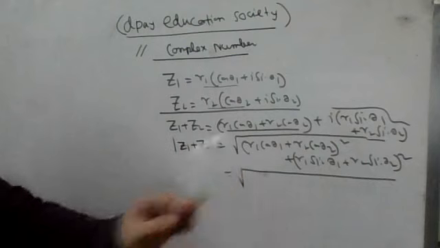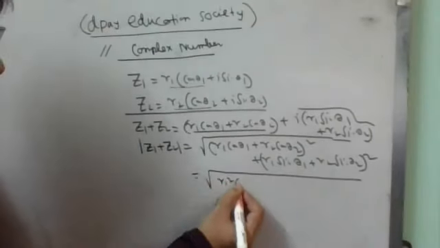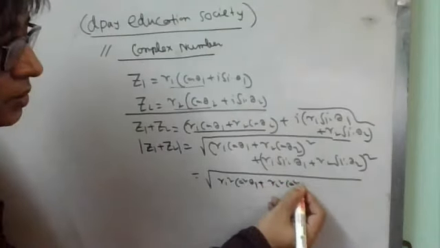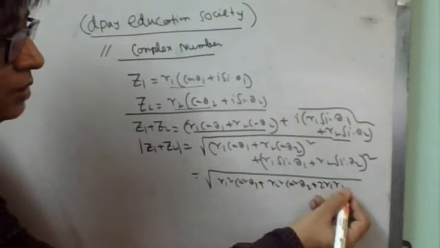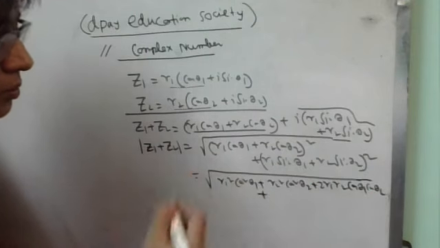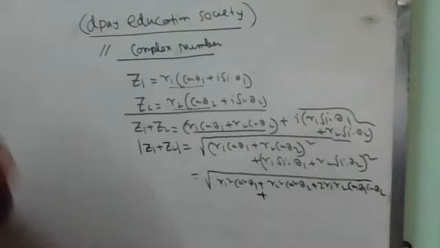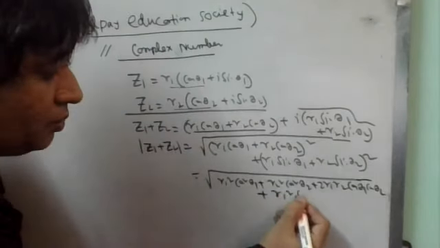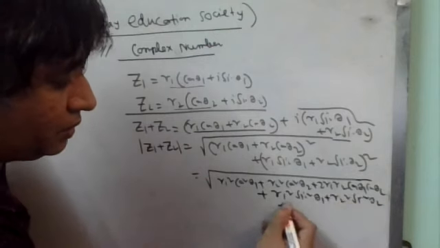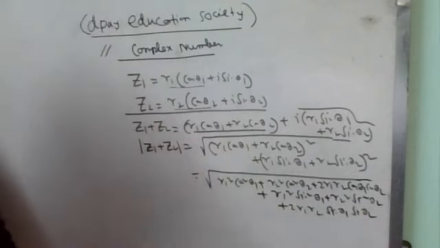How to open (a + b)², you know? See, r1² cos² theta1 + r2² cos² theta2 + 2 r1 r2 cos theta1 cos theta2 + r1² sin² theta1 + r2² sin² theta2 + 2 r1 r2 sin theta1 sin theta2.